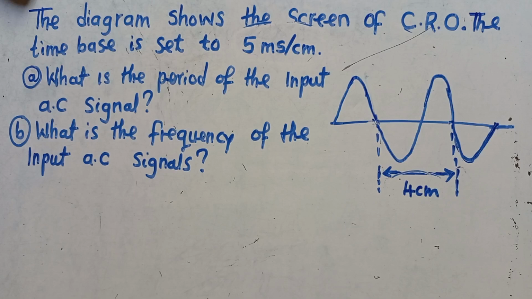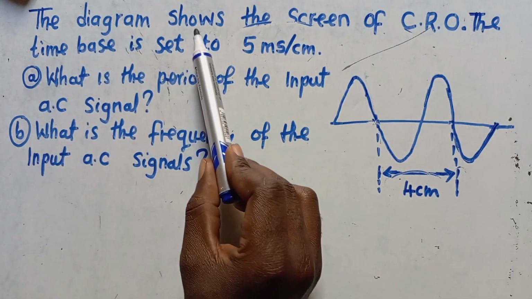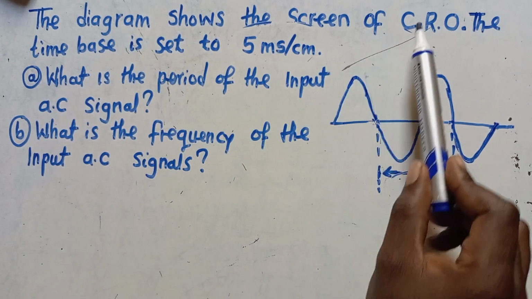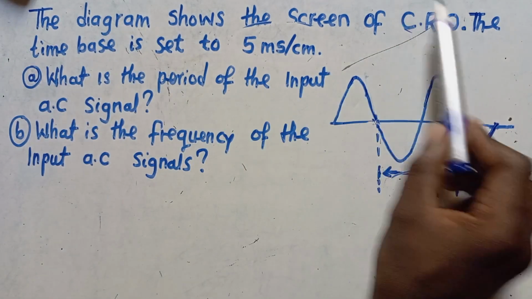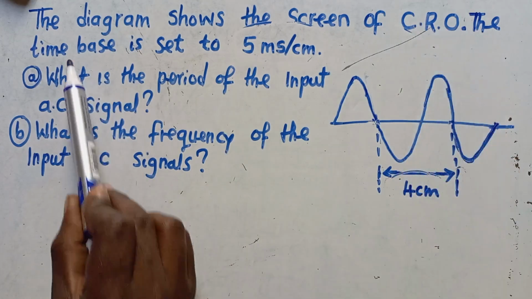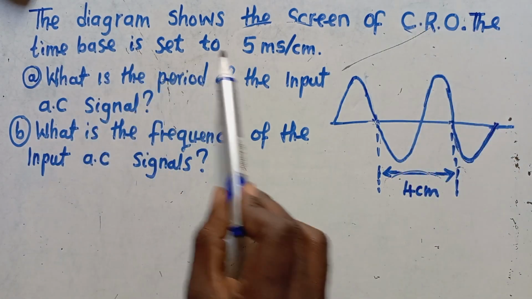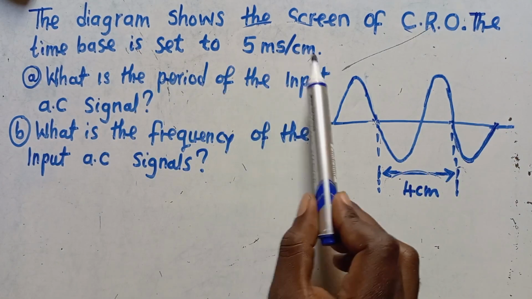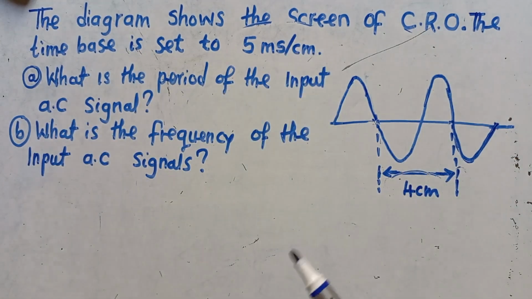So we've got this wonderful question that is saying the diagram shows the screen of a cathode ray oscilloscope. These are just abbreviations, C.R.O. The time base is set to be 5 milliseconds per centimeter.